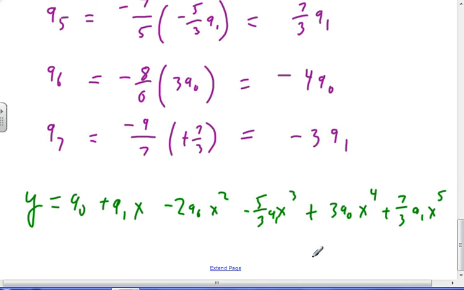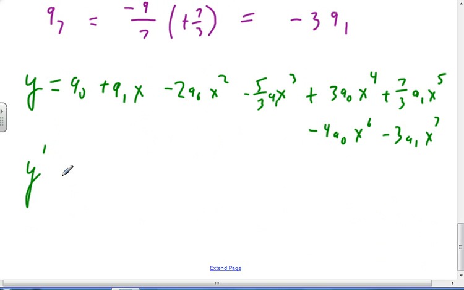Well, I don't know how many more we want to do. Plus, minus 4A0x to the 6th minus 3A1x to the 7th.